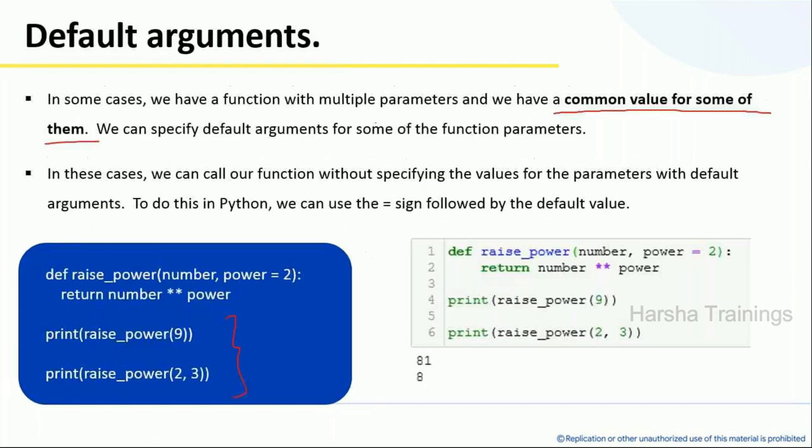In those cases I want to assign a value for them. Now whenever I'm calling them, no need to call with the common argument. Those common arguments will be taken by default.